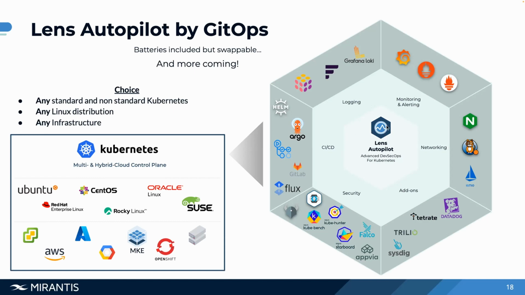And then what Lens Autopilot does is it automates through the continuous deployment or delivery approach. It automates the delivery of all these different components for these different verticals. If we look at monitoring and alerting, then you would have Loki, you would have Prometheus, you would have Goldilocks, right?